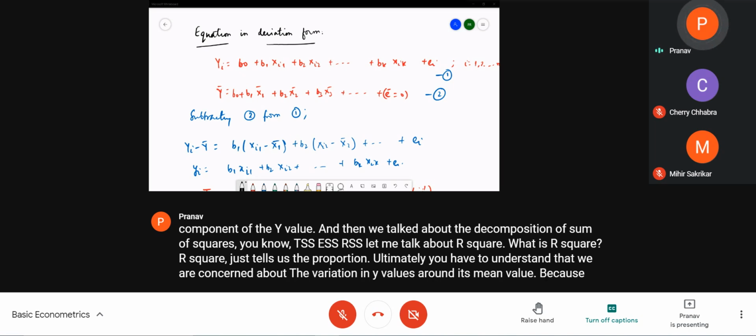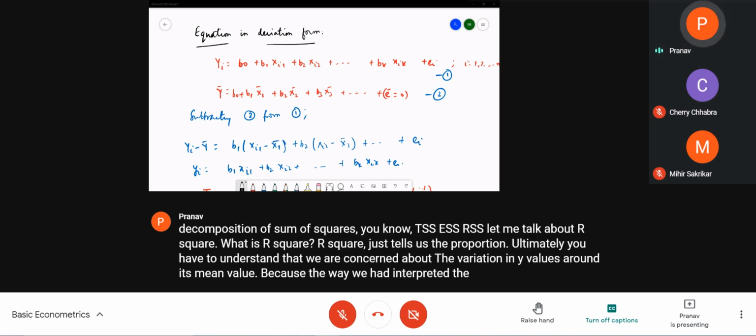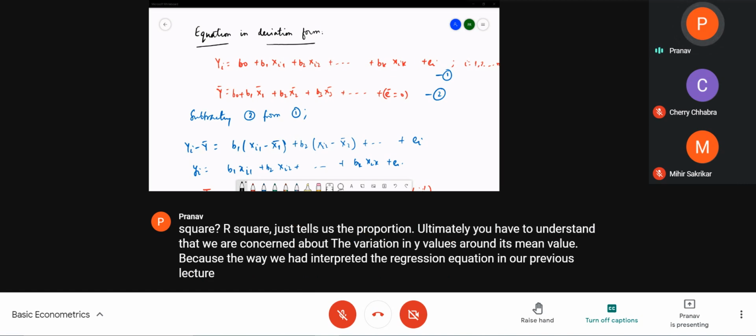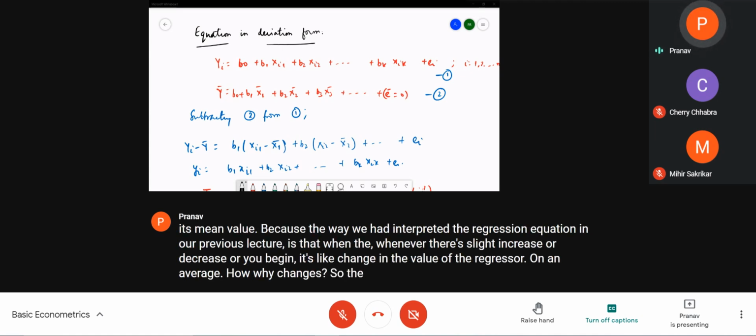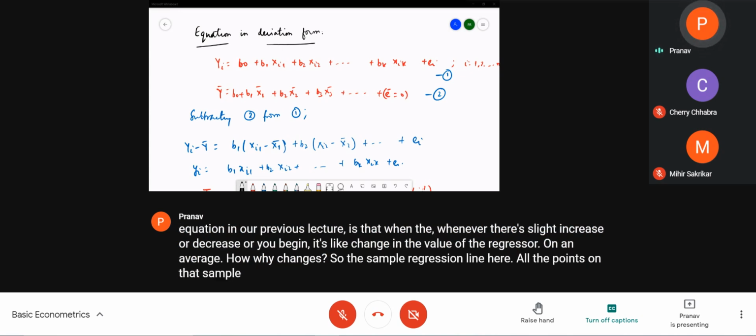Because the way we had interpreted the regression equation in our previous lecture is that whenever there is a slight increase or decrease, or slight change in the value of the regressor, on average, how y changes. So the sample regression line, all the points on that sample regression line are nothing but the conditional mean value of y on the sample observations.